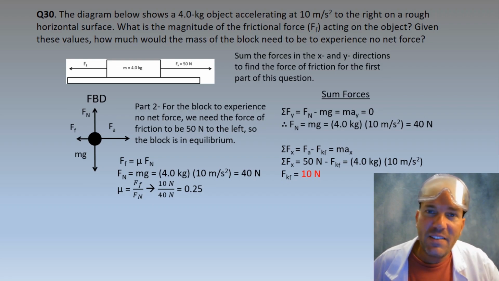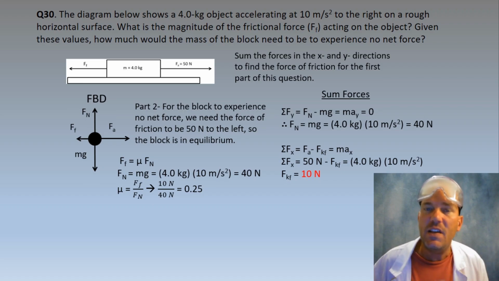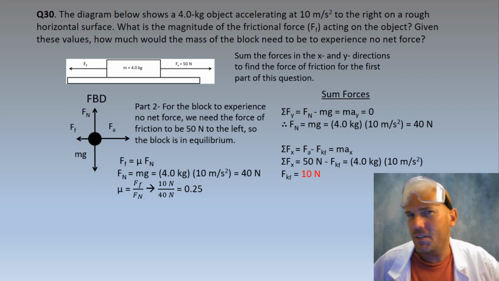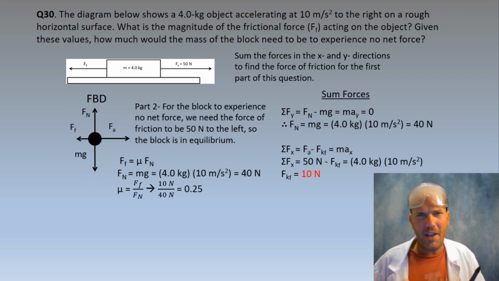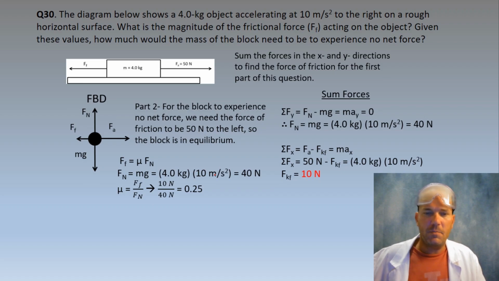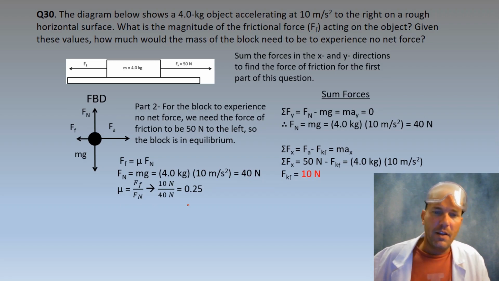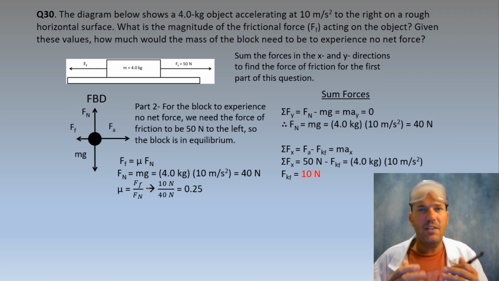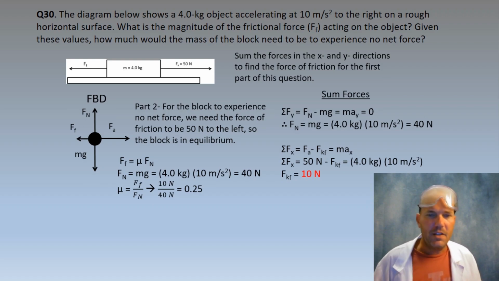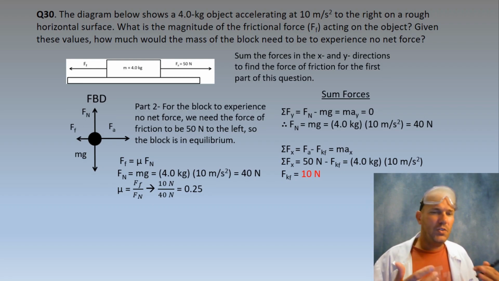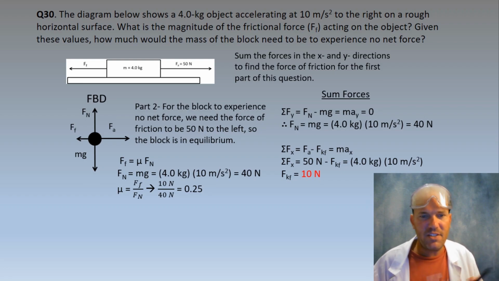As the mass of the object increases, the force normal increases, and the acceleration due to gravity, little g, stays the same. So force normal is equal to 4 kilograms multiplied by 10, we get 40 newtons. All right. And we could find the coefficient of kinetic friction is equal to 0.25. Remember, that's dimensionless.